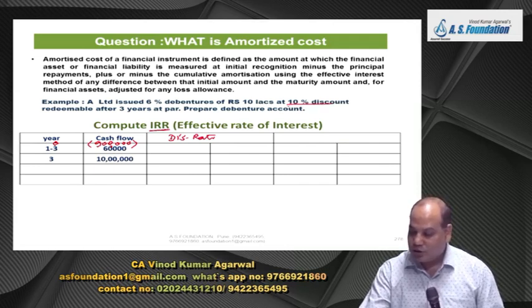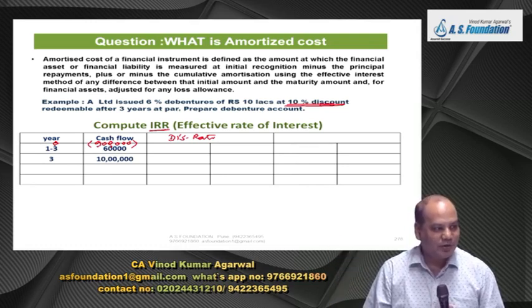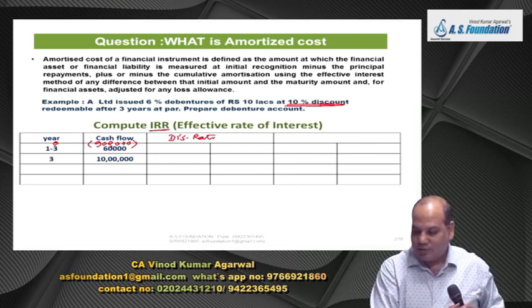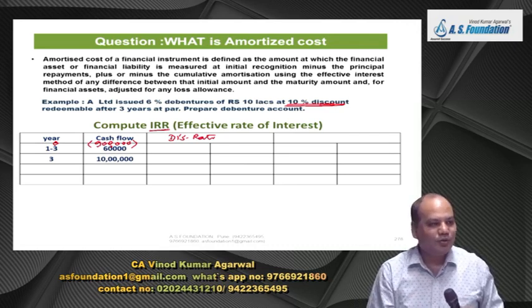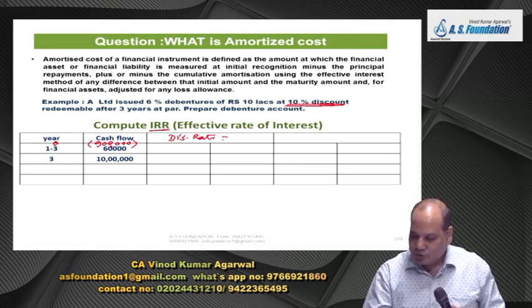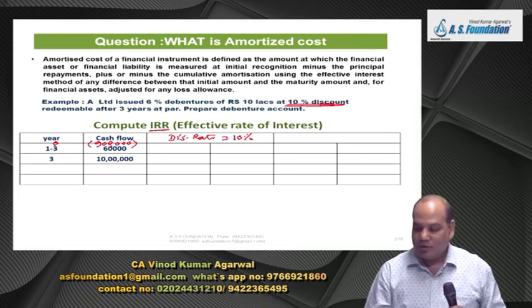So when you issue bonds at a discount, your cost goes up. You have to bear that burden of discount. You are getting 9 lakh and you are paying 10 lakh in addition to paying 6% interest. So that extra 1 lakh you are paying is going to add to your cost. So let us take 10%. 7 is also okay. There is no fixed rule here that you have to take 10 only or 7 only. Your choice.